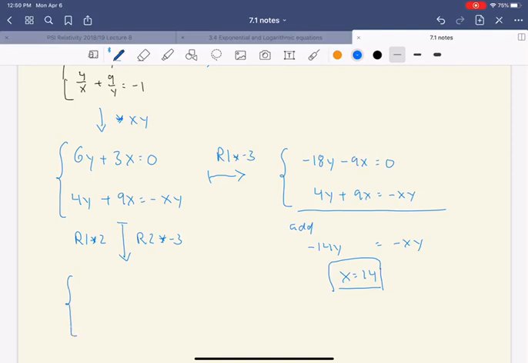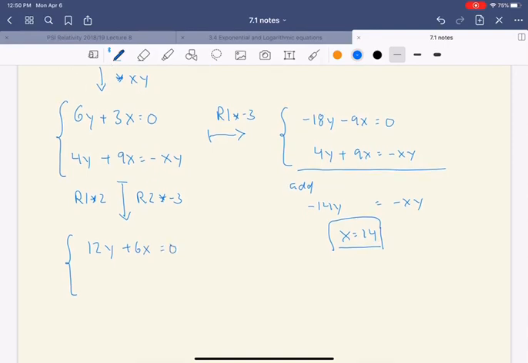And what are we going to get? 12y plus 6x equals 0. Negative 12y minus 27x equals negative 3xy. Oh, sorry, positive 3xy, because I had a negative here and multiplied by negative 3.